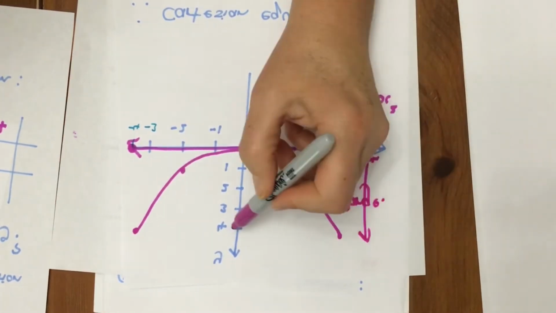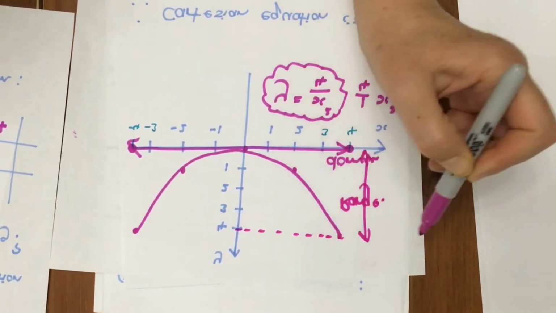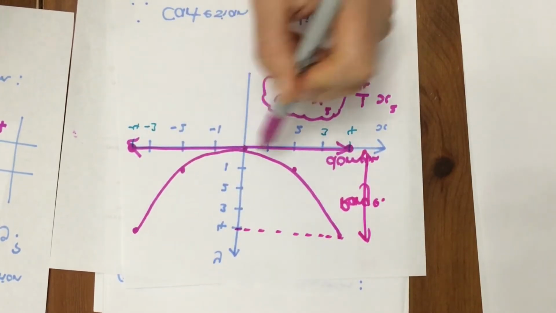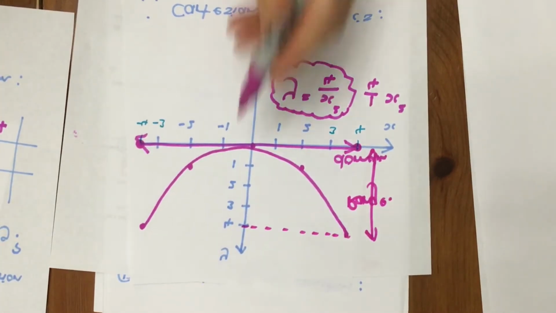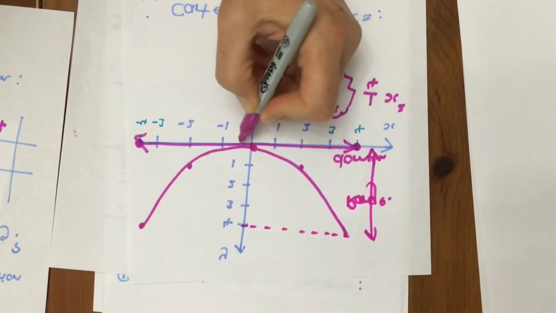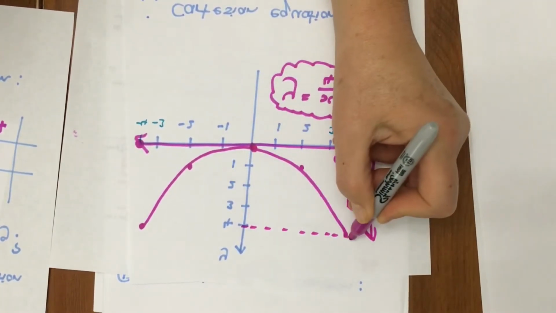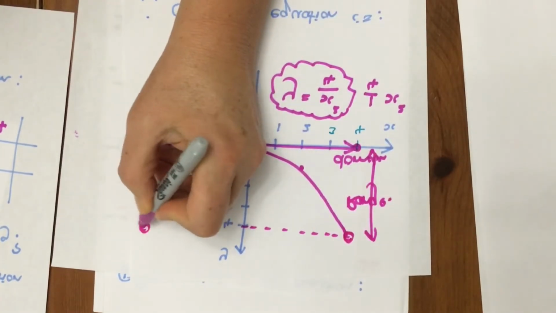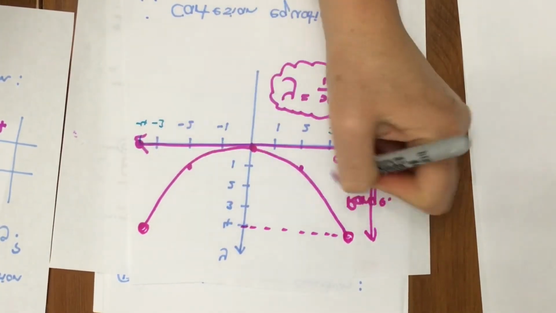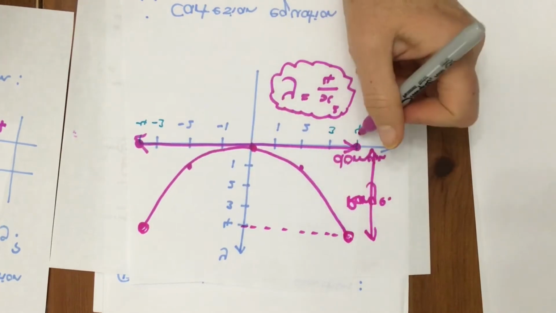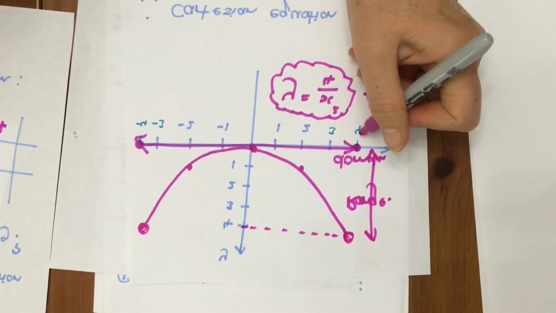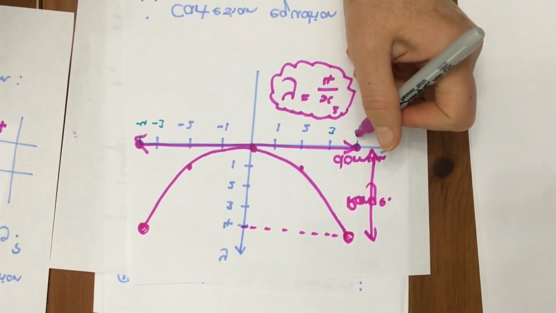Well, I can see my y values go up to a maximum of 4 and a minimum of 0. And it can actually equal 0. It cannot equal 4 because this point here actually isn't in the domain, because the domain goes all the way up to 4 but doesn't include 4.